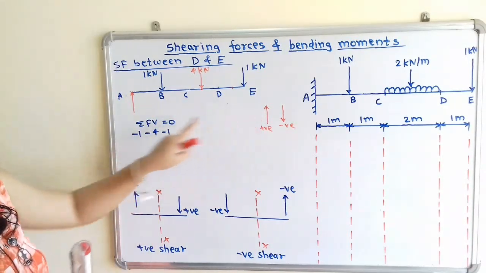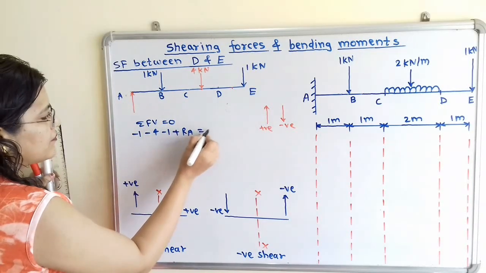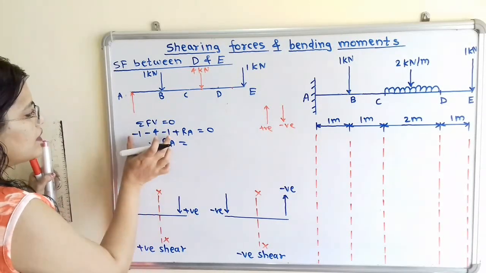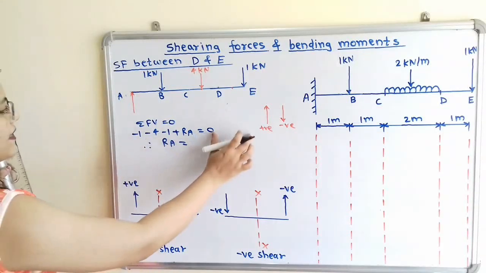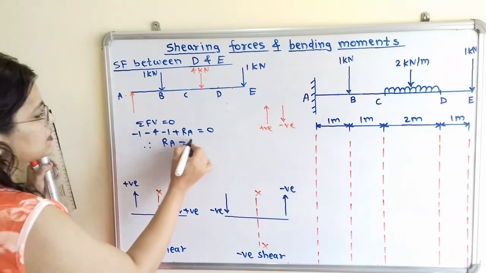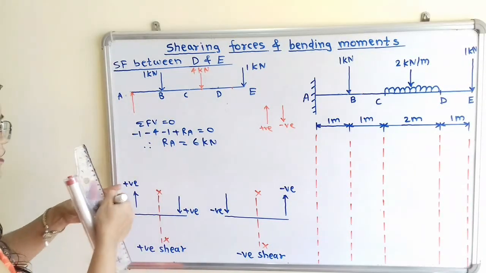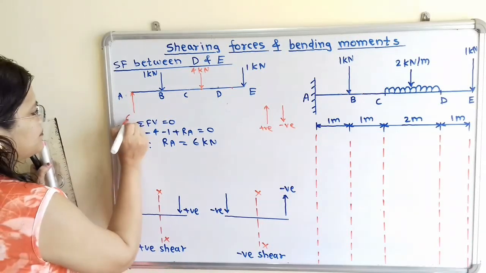And forces in upward direction, that is reaction at point A, that is plus RA is equal to 0. Therefore RA is equal to, so if I transfer all these values to the right hand side, then it will become positive. So 4 plus 1 plus 1, that is equal to 6 kilonewton. So we have to mention here this RA is equal to 6 kilonewton.